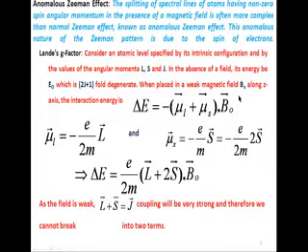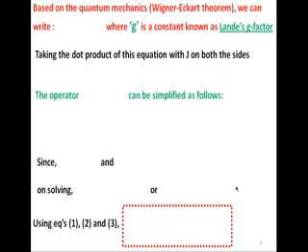Now, in the weak magnetic field, we know that J is equal to L plus S. This LS coupling is very strong, and therefore we cannot break the L plus 2S term into two terms.